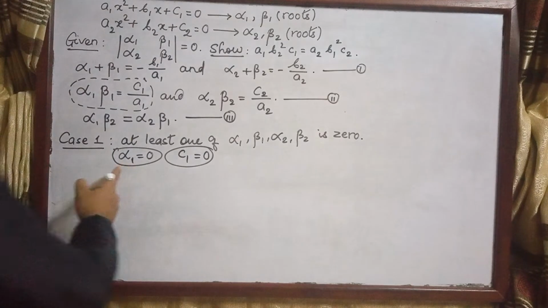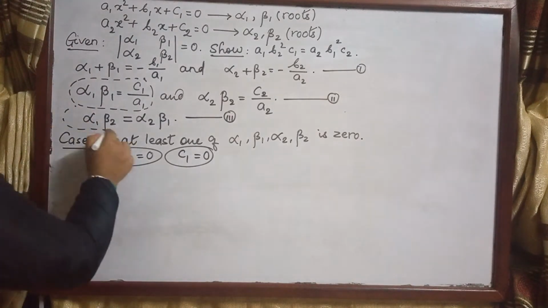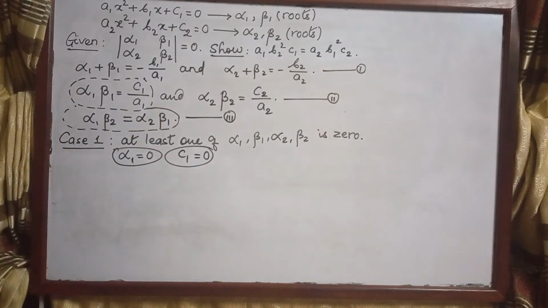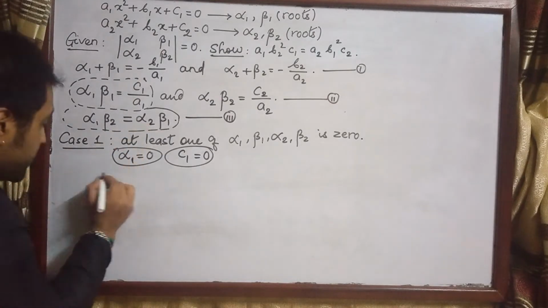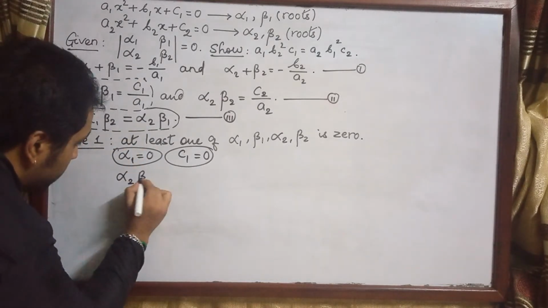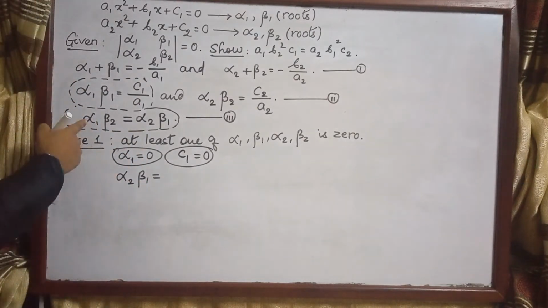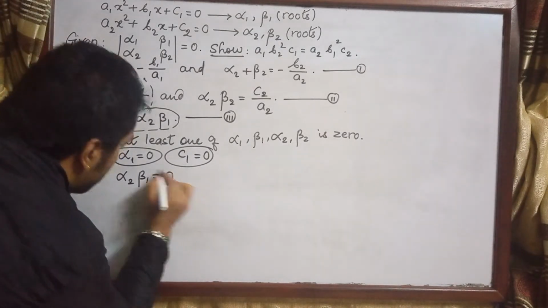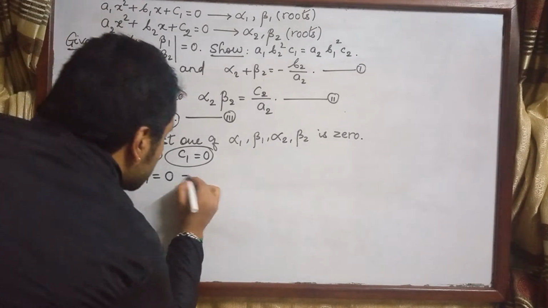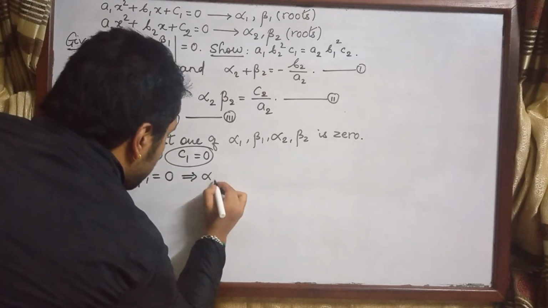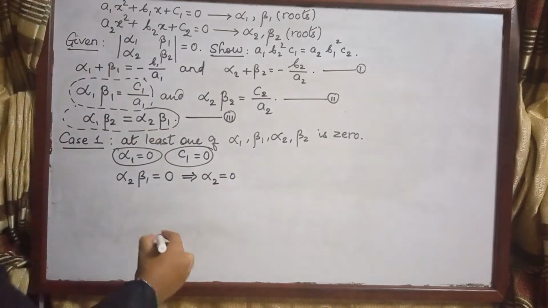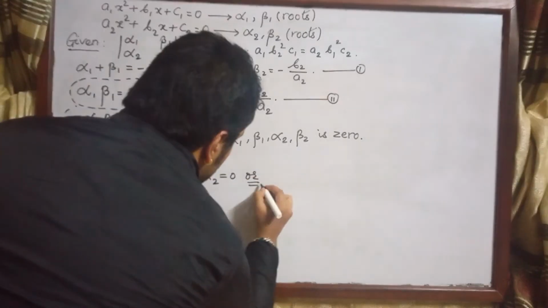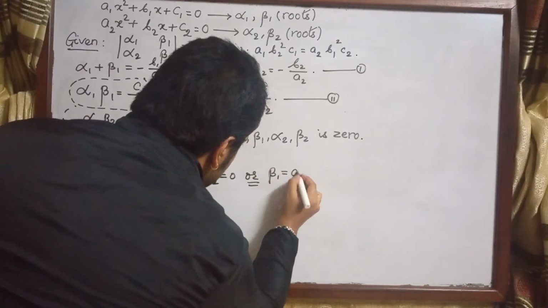Next, if we take equation 3, alpha 2 beta 1 is equal to alpha 1 beta 2, and alpha 1 is 0, so the product is 0. From here we can say that either alpha 2 is equal to 0 or beta 1 is equal to 0.